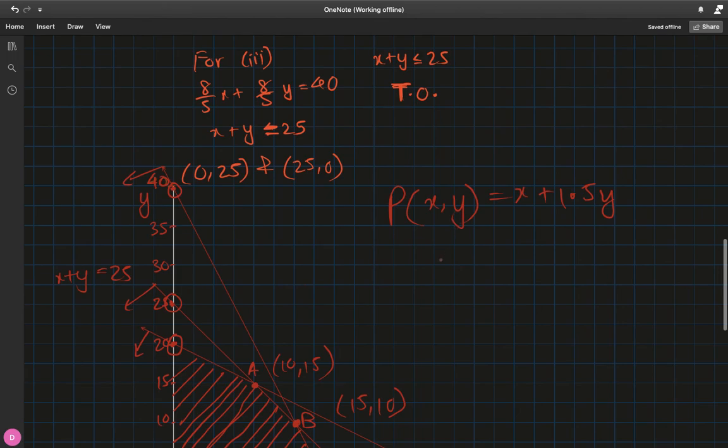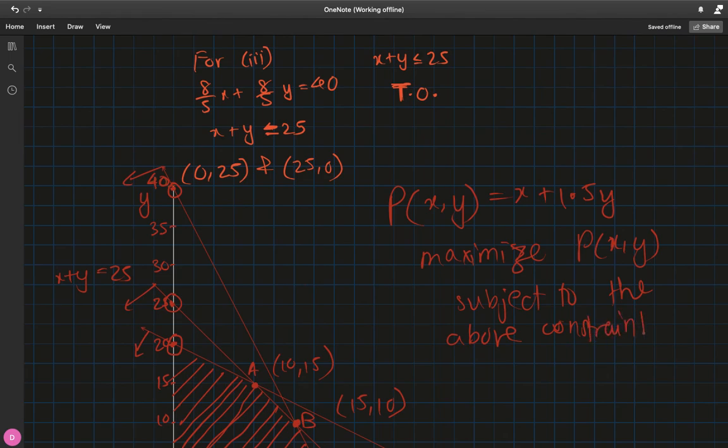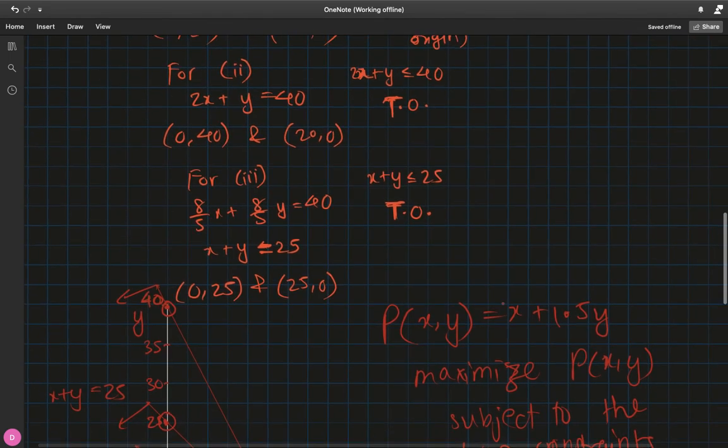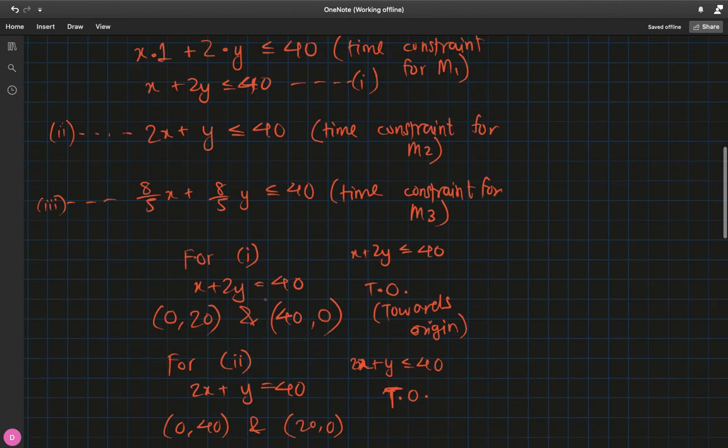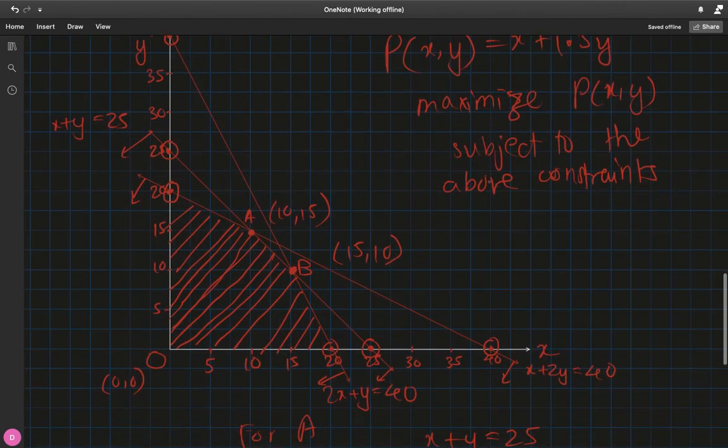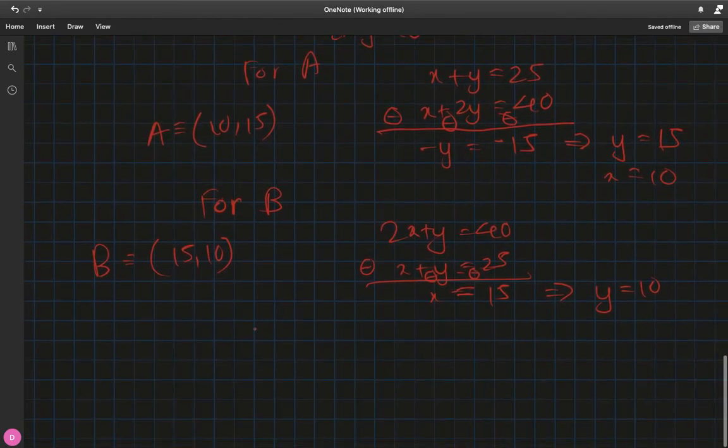So we need to maximize p of x comma y subject to the above constraints. So all these above constraints, all this stuff that we have, equations 1, 2, and 3. So what I'm going to do is check each point and plug it into the profit function.